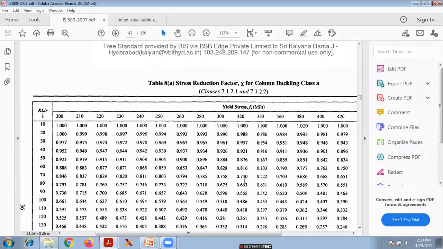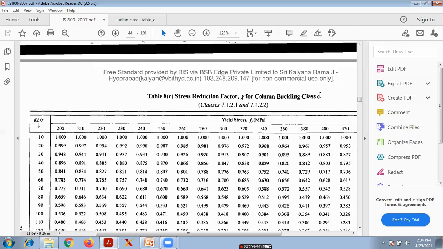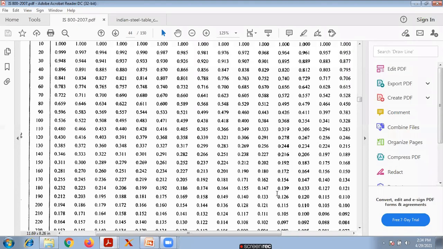So directly open this one. The buckling class is C. Okay. So here which one is C? This is A, this is B, and this is C. So these are available on page number 44 like that.